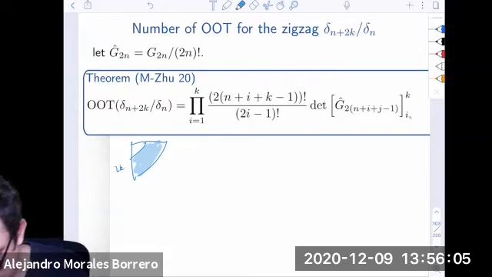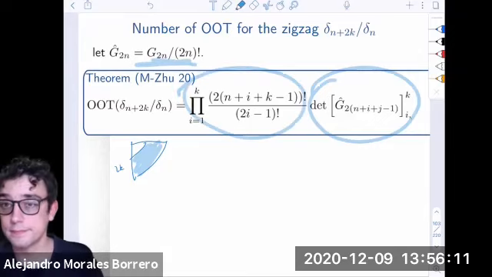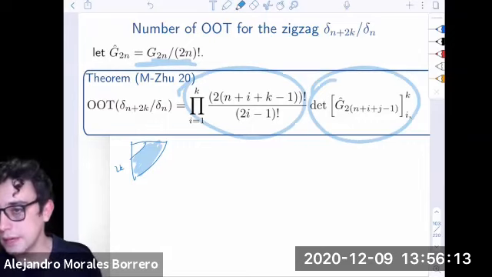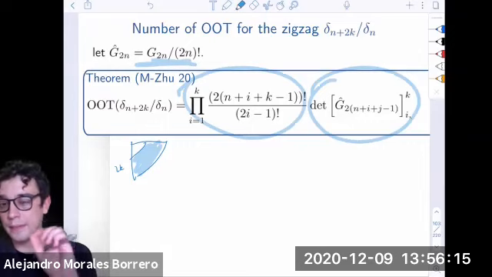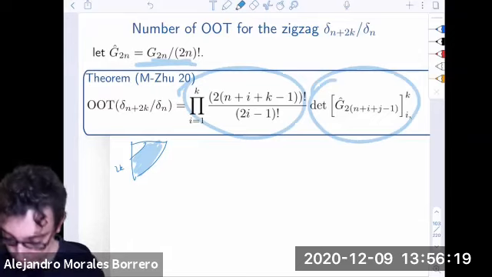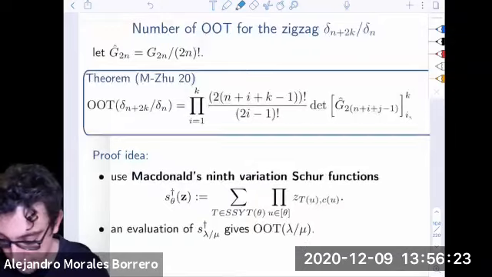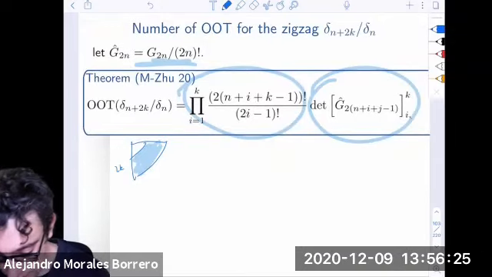Here we get a determinant of Genocchi numbers scaled by a factorial times a factor. So similar, like you replace Catalan by Genocchi and you have to add a factor. Okay, so this generalizes the previous case when k equals 1.